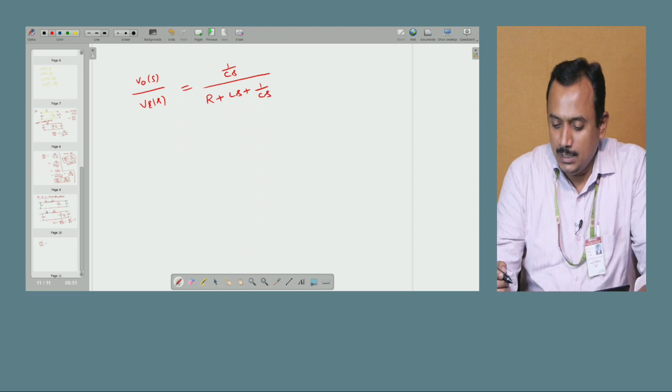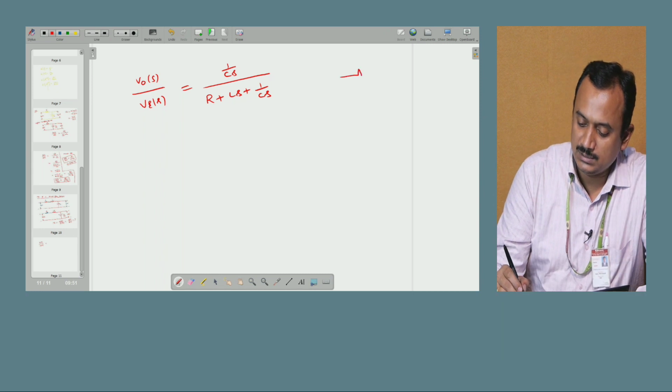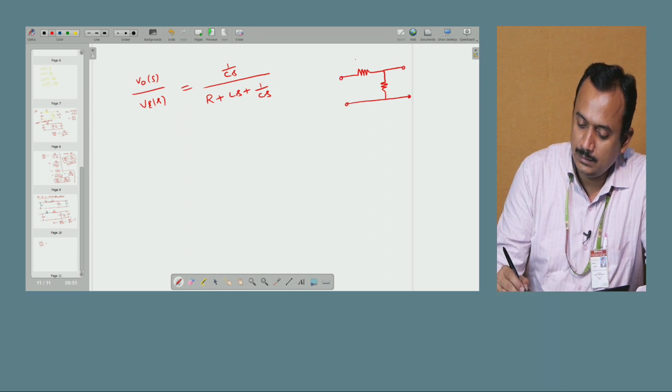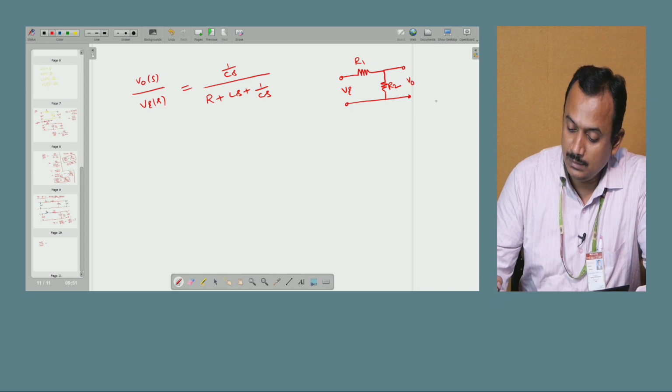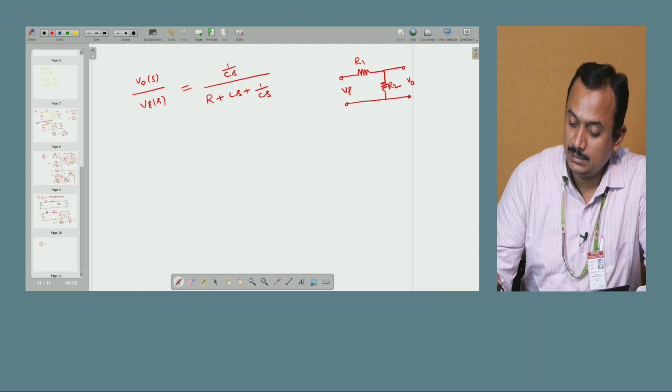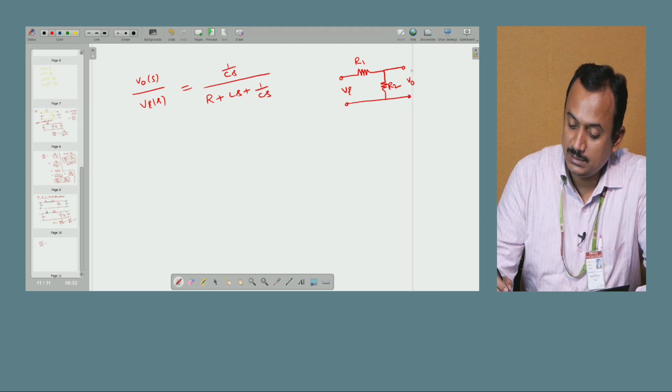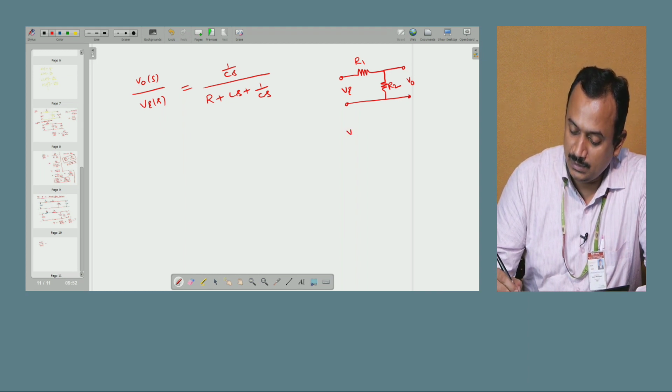That means if I have two resistors connected in series, let us say the resistance R1 and this resistance is R2, and the input is Vi and the output is, let us say, V0. Now since these two resistances are connected in series, and if I want the voltage across R2, that is V0, is equal to, how to write the value?